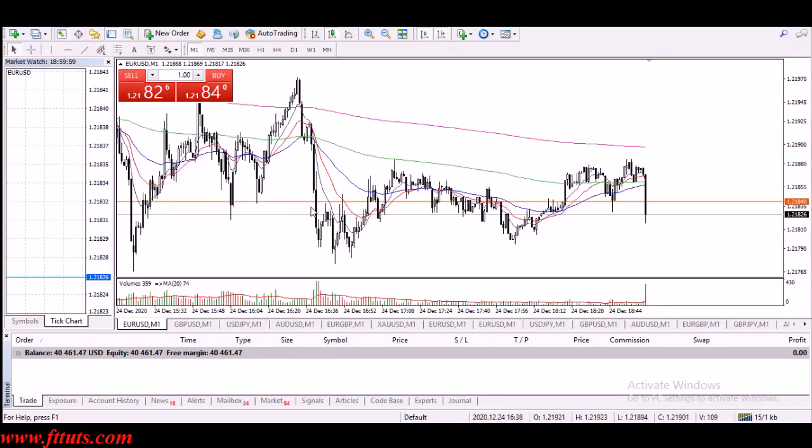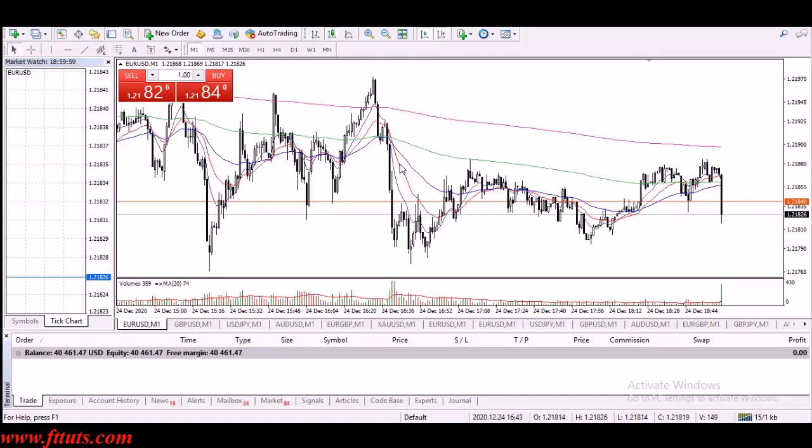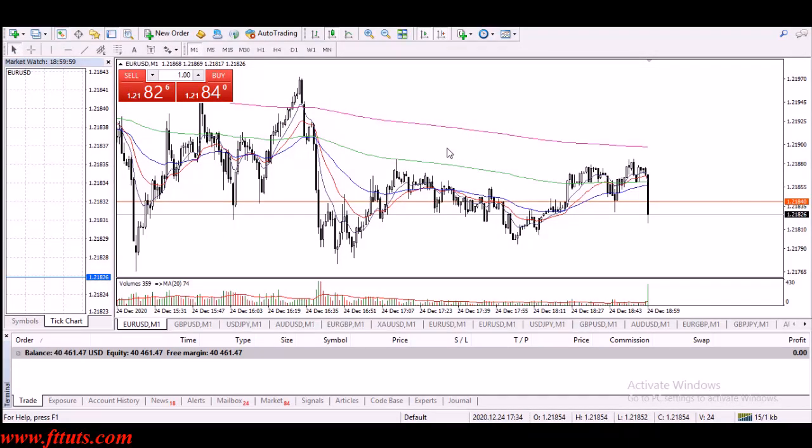How? For example, no one knows when the trend starts, but now you know. And what is the answer? The trend starts from EMA 200. No one knows when the trend is ended. And now you know it's on EMA 200.